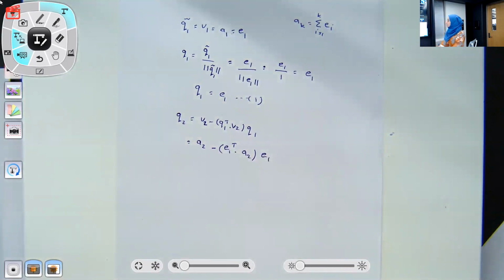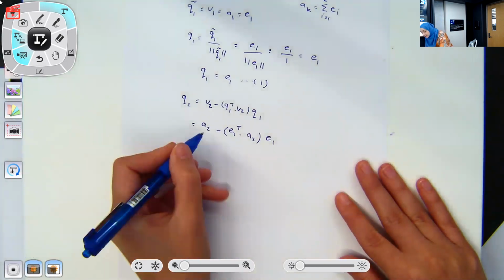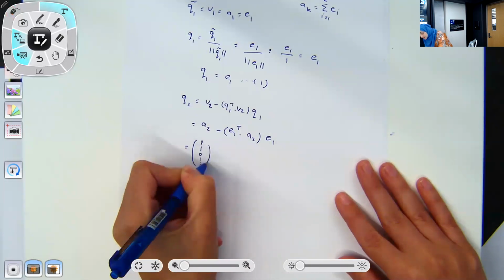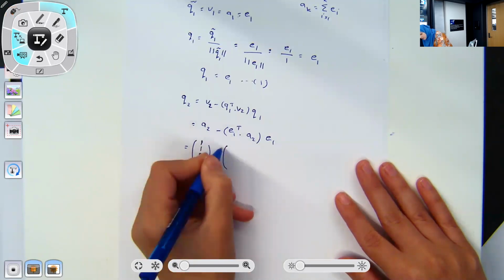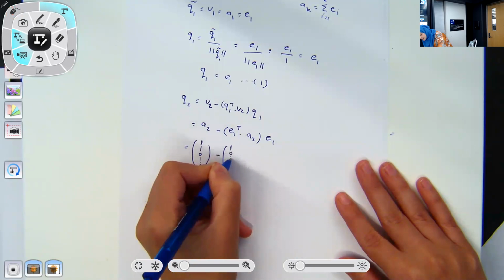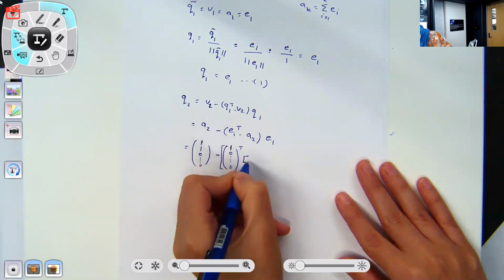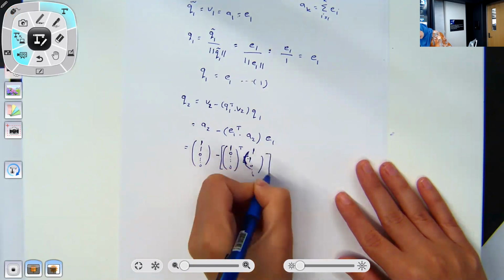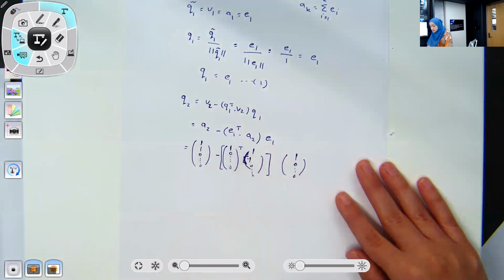Now we need to expand to see what q2 will be. Let's try to write it using numbers. A2 in general equals 1, 1, and the rest is 0, minus E1 transpose, which equals 1, 0, and the rest is 0 transpose, times A2, which equals 1, 1, and the rest is 0, times E1, which equals 1, 0, and the rest is 0.